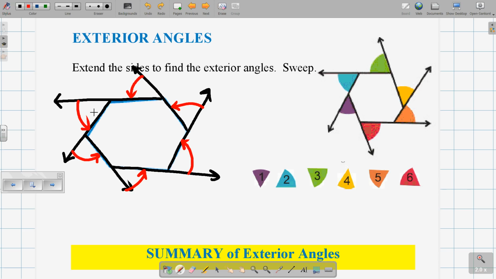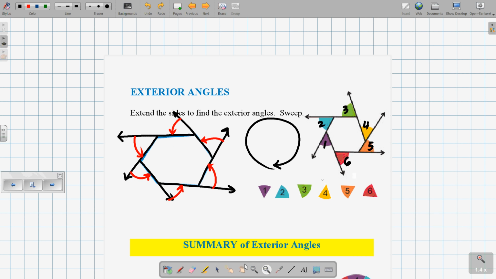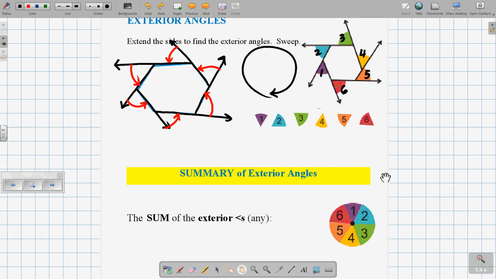If you look very carefully, if we were to number these, as here, 1, 2, 3, 4, 5, 6. If you were to put all of these together, you're going to notice that they make a circle. If you put these pizza slices together, they're going to make a circle, and that's true of all exterior angles.